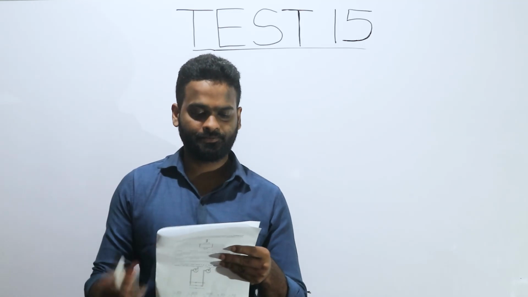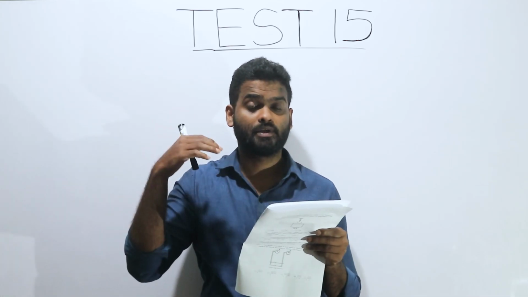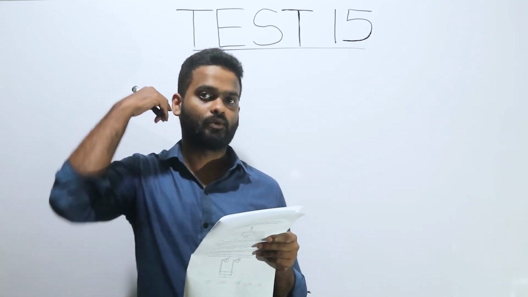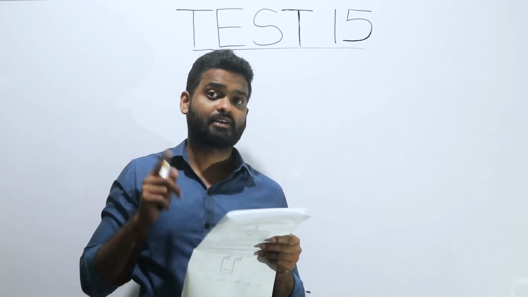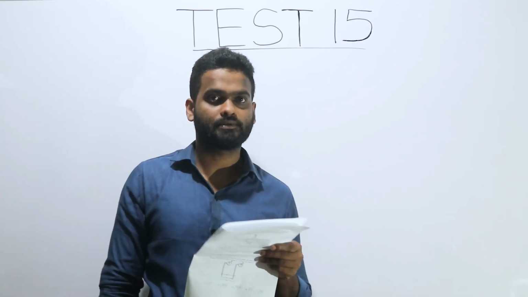Sixth question. A ball of mass m is thrown upwards with velocity v. If air exerts an average resisting force F, the velocity with which the ball returns back to the thrower is. Okay, so this is not just throwing a ball upwards and it falls down. The difference is that air resistance is involved.